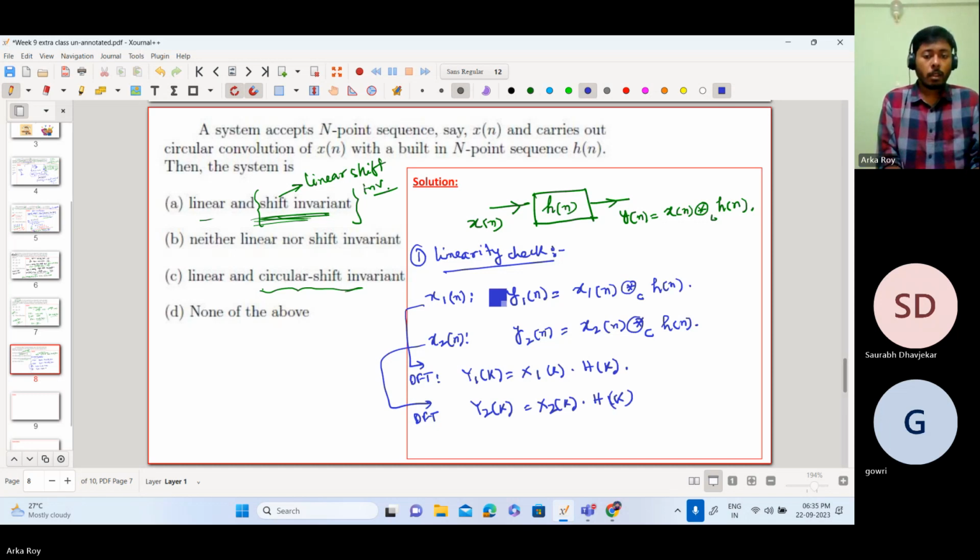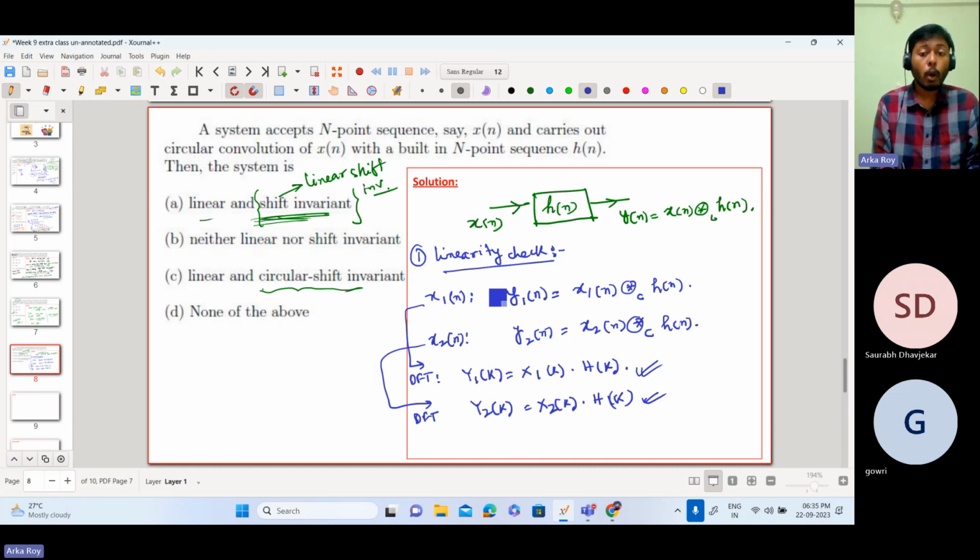Fine. So we have checked what the output will be in the individual cases when we feed the inputs one by one. For example, if I feed x1 at a particular interval of time, and x2 at another interval of time, the outputs are y1 and y2 respectively.